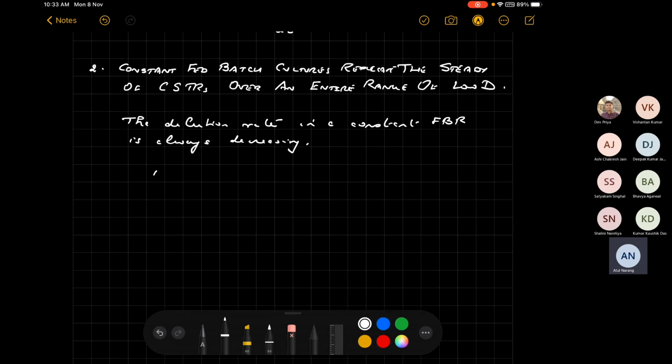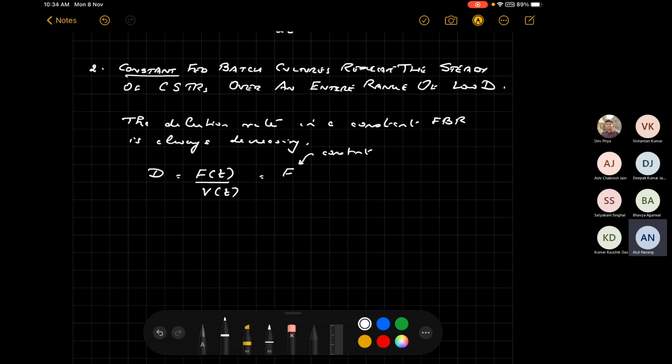So, what's the dilution rate? We called it F of T divided by V of T. V is also changing with time in a fed batch reactor. We are dealing with a constant fed batch reactor, in which we are deliberately maintaining F to be constant. That's what a fed batch reactor is.